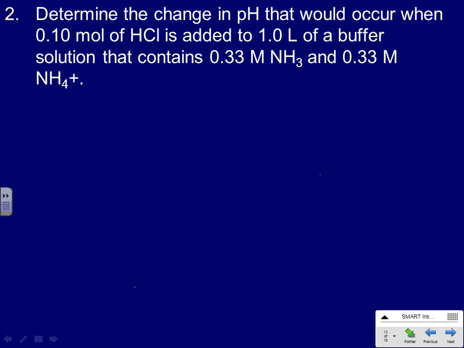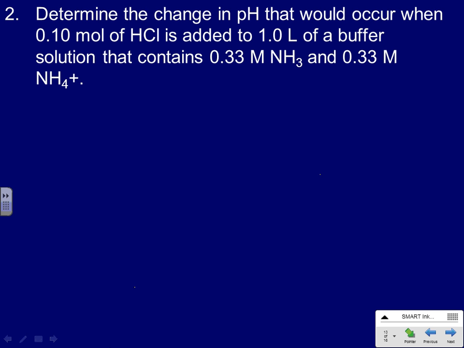So this example contains really the two steps that we looked at in great detail in the last one. First, we want to determine the pH of the buffer solution itself. Then we want to stress that buffer. So I'm looking for a pH change, which means I need two pHs.